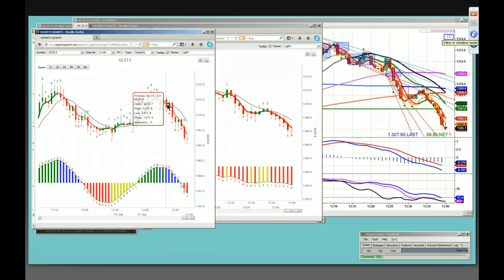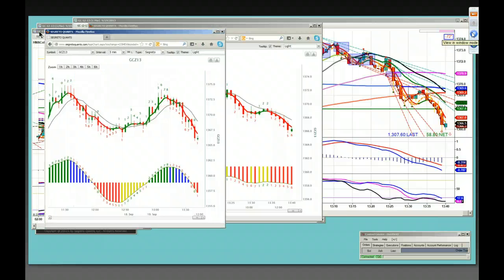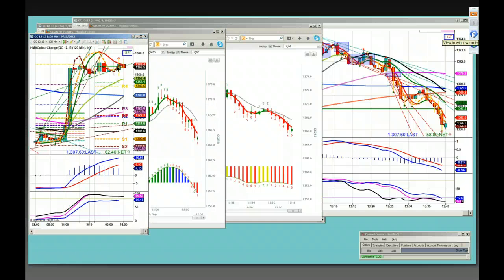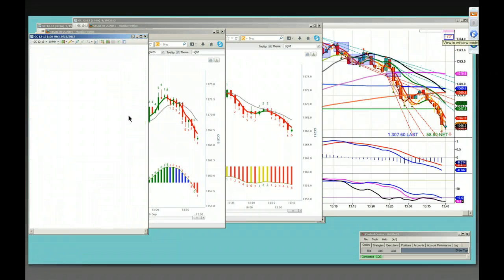That's why I like the 3-minute, because it tells me when the majority of traders are really going in that direction, as opposed to the 1-minute that's telling me, well, some traders are going in this direction. So it gives me more certainty because there's more traders going in that direction. And so now the story starts to all make sense when you start with the higher time frame and work your way down.